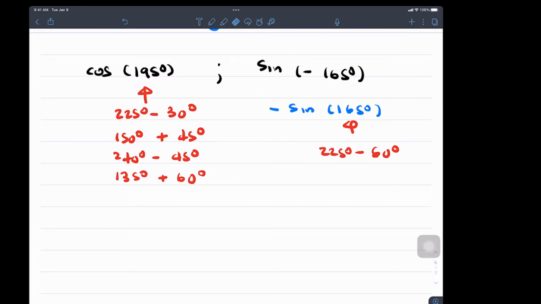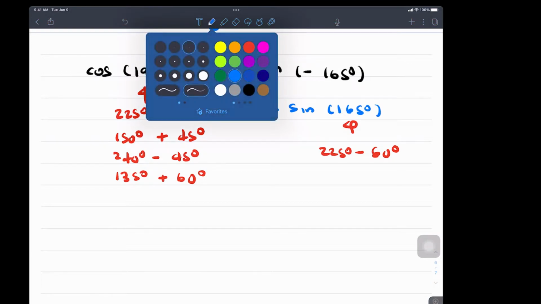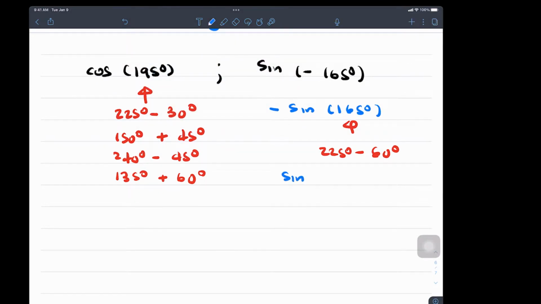If you use coterminal angles, yeah, you could do that because it's coterminal. So the question is, can I just add 360 here? What do you get anyway? You can say this is equal to 195.